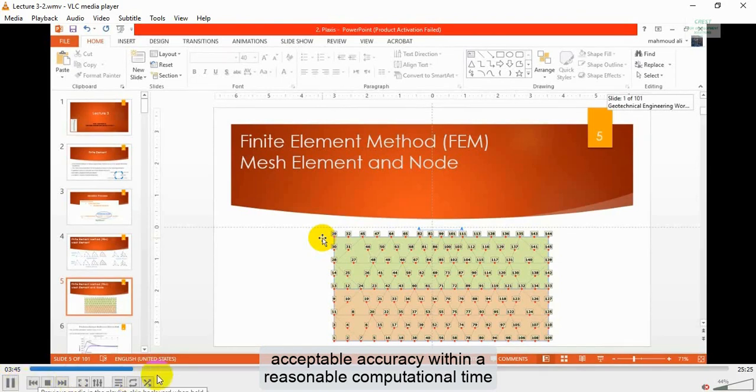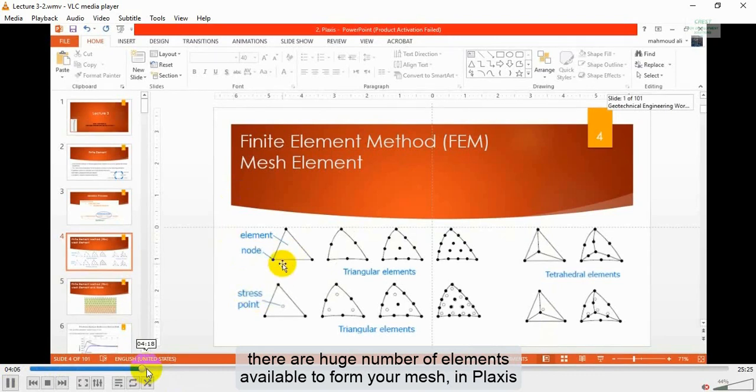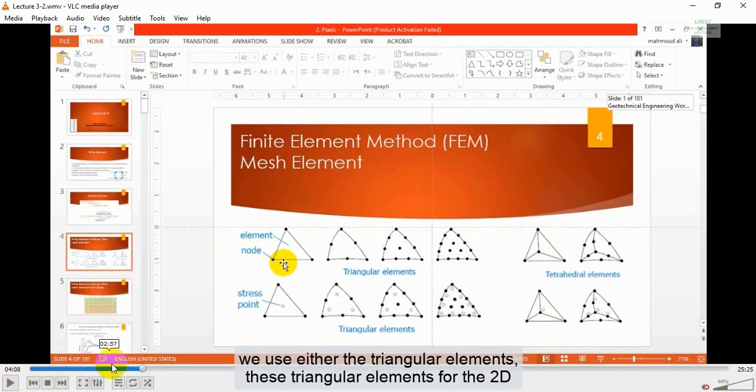There are a huge number of elements available to form your mesh. In Plaxis, we use either the triangular elements for the 2D models, or the tetrahedral elements for the 3D models.